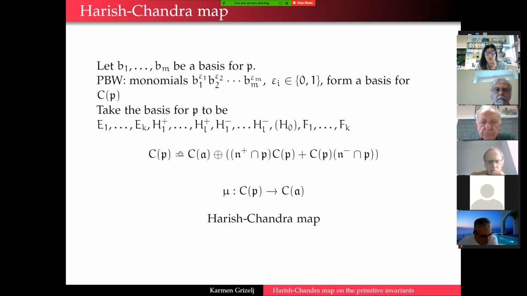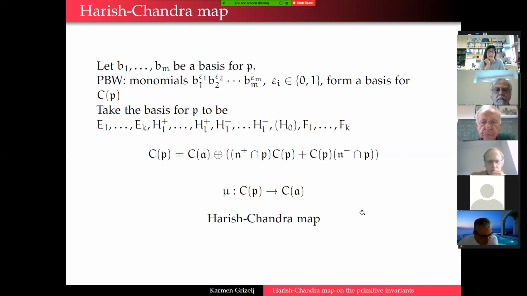With respect to this decomposition, we can define a projection from the Clifford algebra of P to the Clifford algebra of A. And that is what we're going to call the Harish-Chandra map.